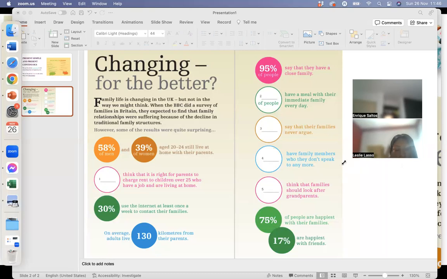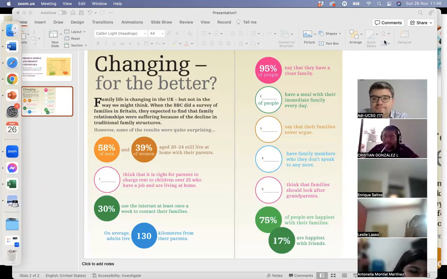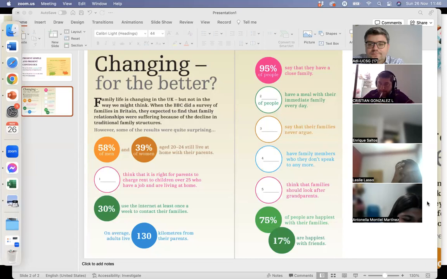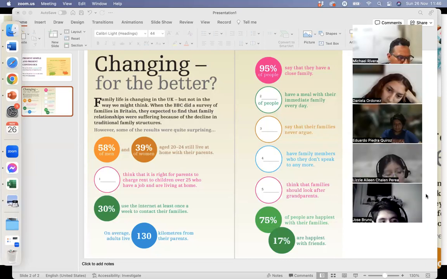Yes. Which one? The first one. Yes, right, the right for parents to charge rent to children over 25.